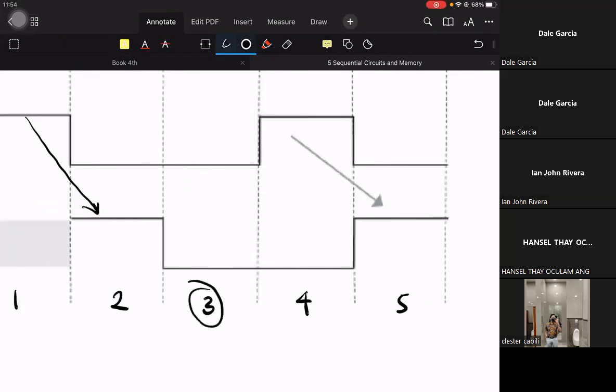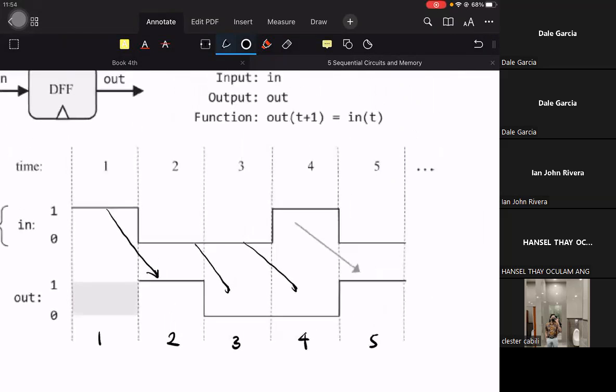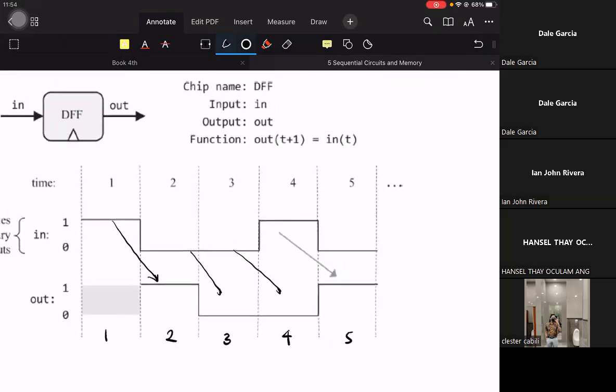How about the third cycle? The third cycle is low because the second cycle input is low. So it's just copy-paste; it just moves it forward. Ideally it just introduces a delay. So that's how the D flip-flop works, at least for the context of our learning of microprocessor systems.